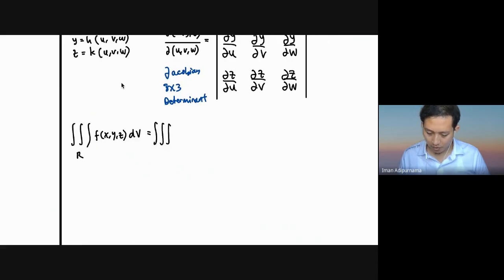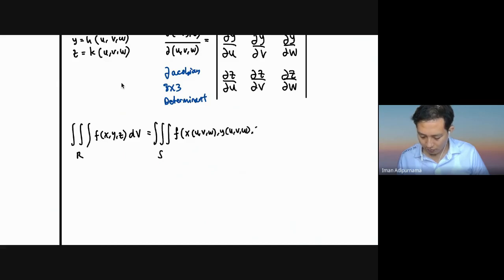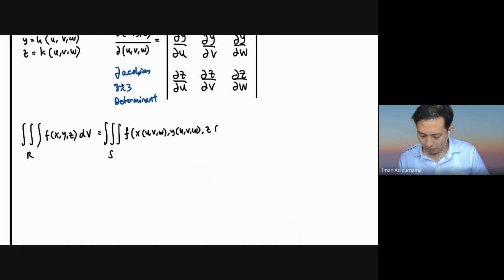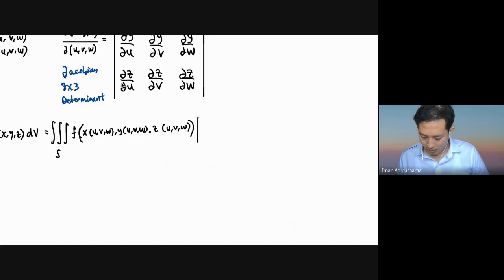So you can transform R to S. So S is the image of R. And then put in the Jacobian here.